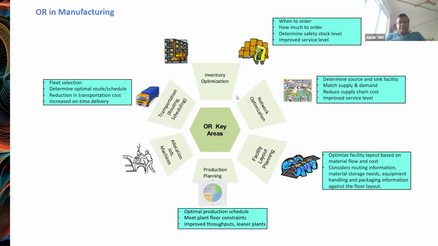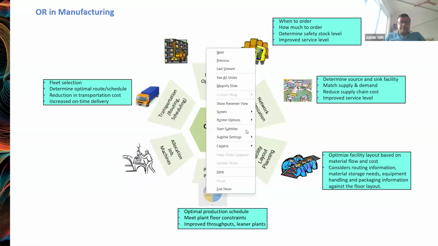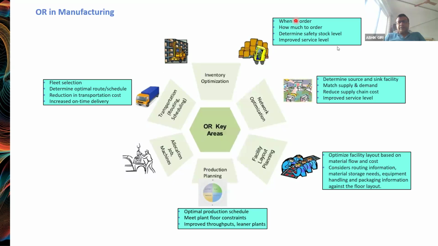So this slide shows some of the key problems where we can apply OR in manufacturing domain. We'll look at it very briefly, and in the later slides, we'll go into a bit more detail. Once you understand the concepts that we discuss in today's class, then later on we can discuss how we can formulate these problems, because formulating supply chain problems is very helpful.